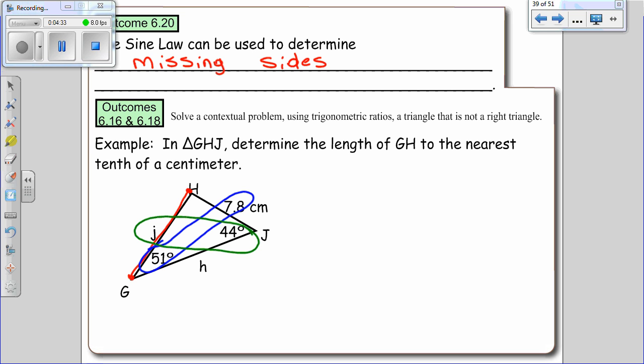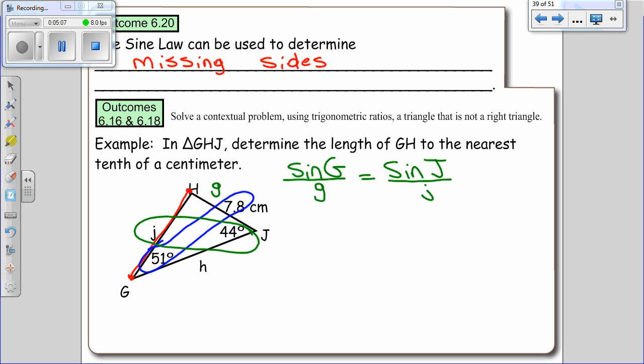Using sine law, it said that if you go sine of an angle, in this case I'm going to say angle G, and I divide it by side G, so this would be side G over here, it would be equal to sine J divided by side length J. Now that's the formula we would use if we were looking for an angle, but we're not looking for an angle.